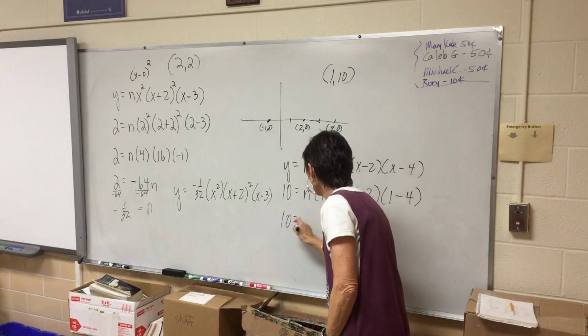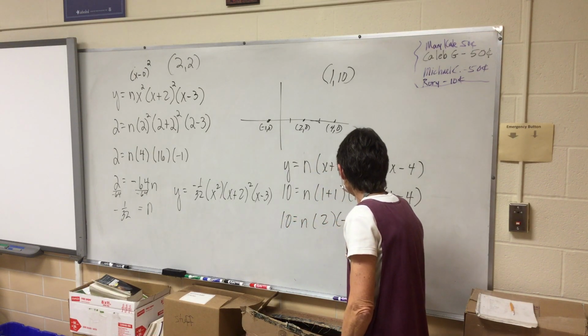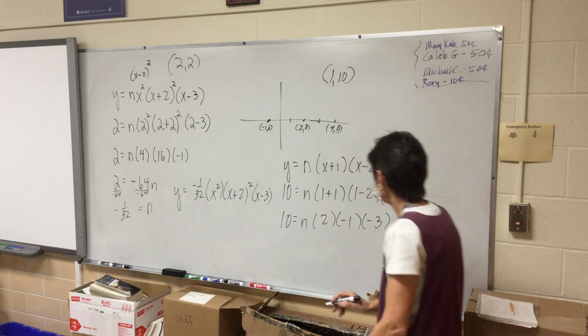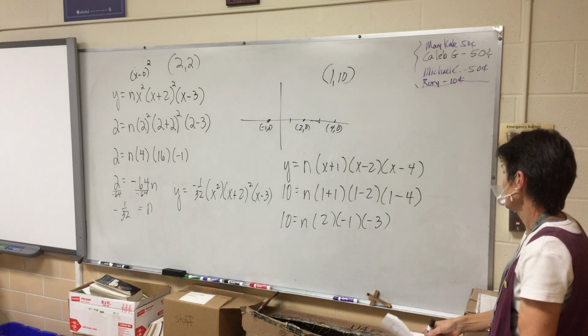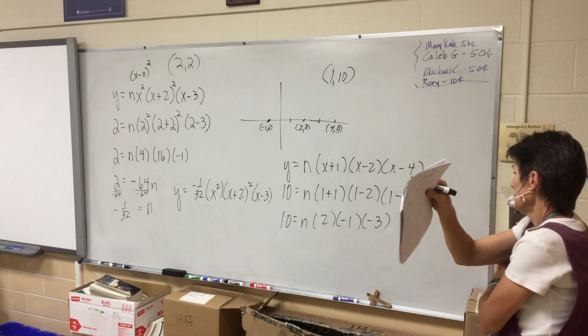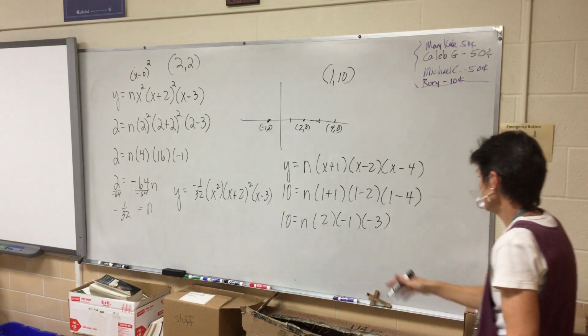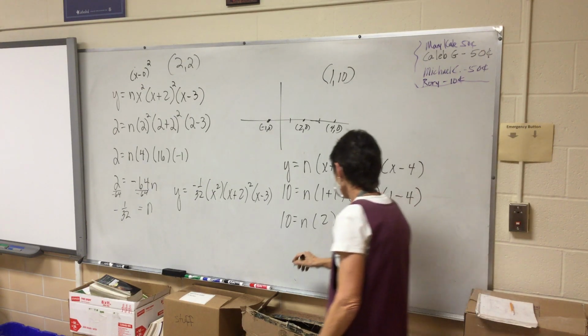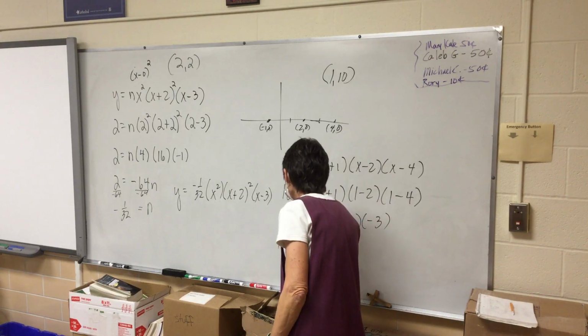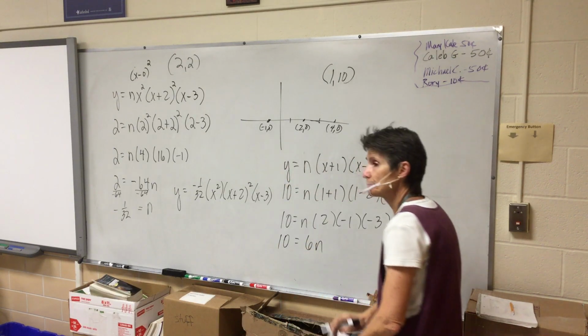So 10 equals n times 2, -1, -3. What is that all times each other? 6? So 10 equals 6n.